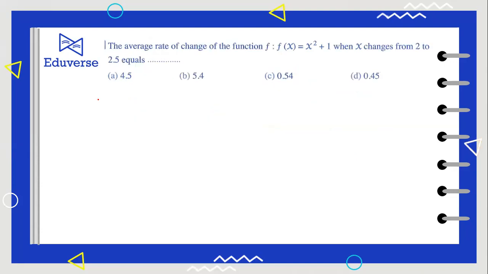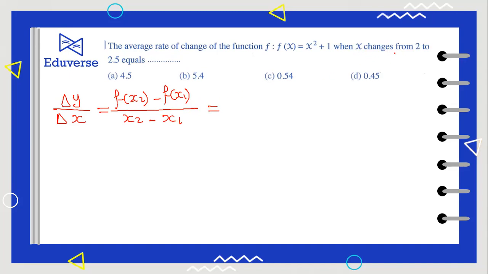Okay. Next, the average rate of change of a function f of x equals x squared plus 1, when x changes from 2 to 2.5, equals what? We said before, average rate of change is delta y over delta x. Delta y is f of x2 minus f of x1, over x2 minus x1.